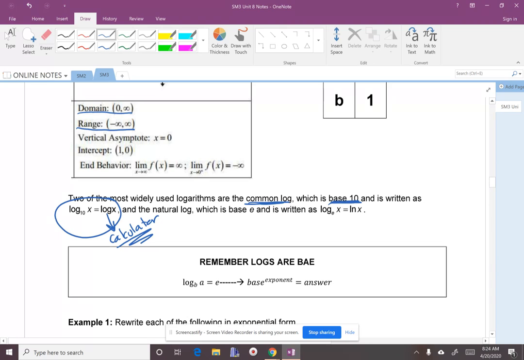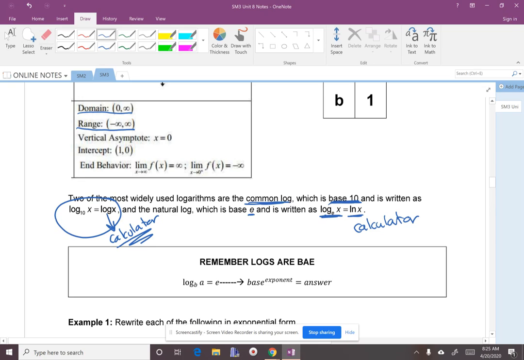The other one is the natural log, which has a base e, and e is a number like pi. It's 2.7 something, and that is written as log base e, or ln of x. This is also on your calculator. They're the most commonly used ones.